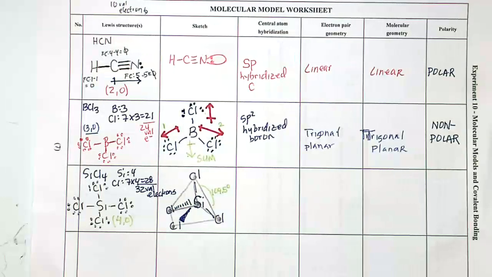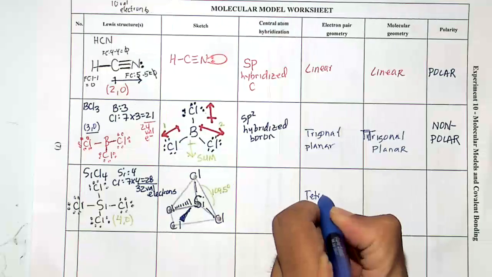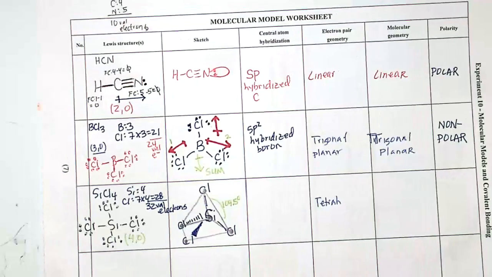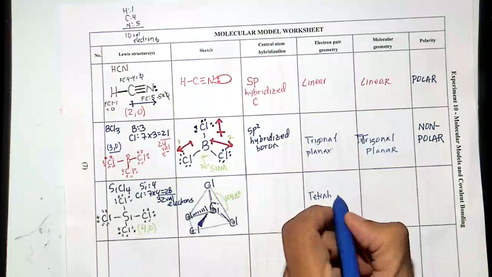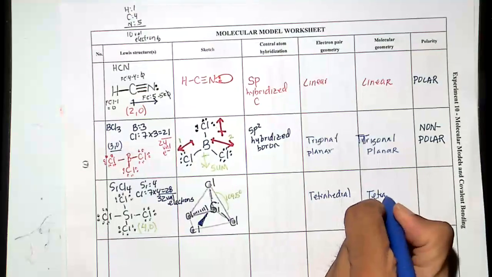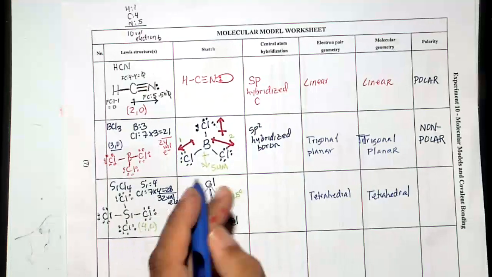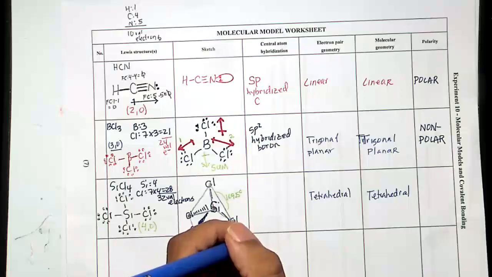These two will be the same, and what is that geometry? 4 bonds, 0 lone pairs. This is tetrahedral.